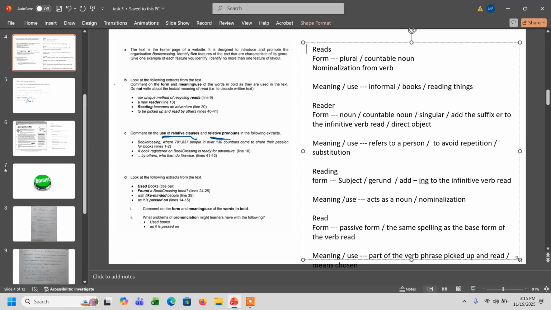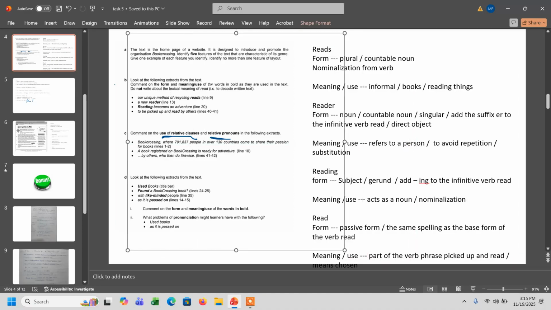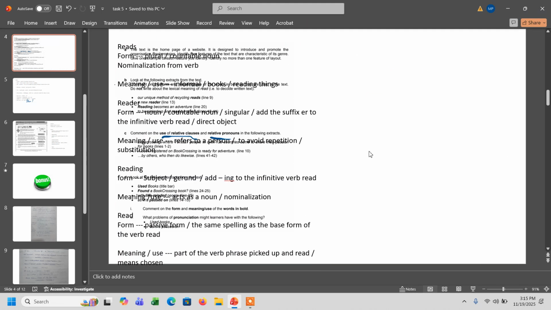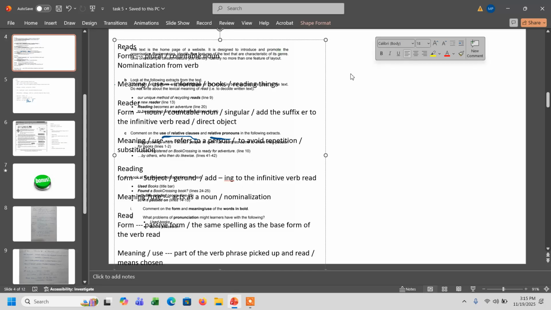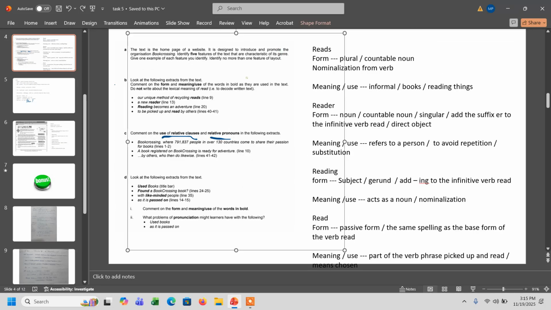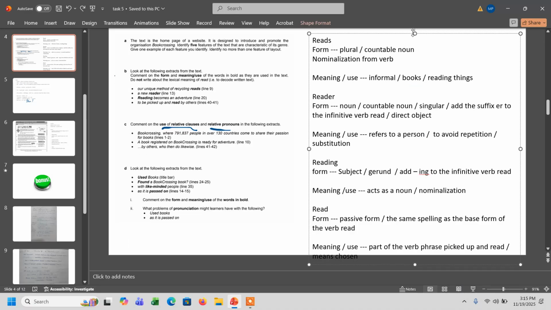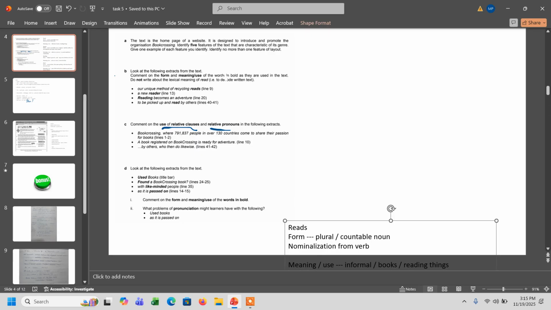Can I add another one here? Oh no, at the time I have to remove that. Oh, sorry, my pals. Oh no, I messed up. Sorry. So here, Book Crossing, I will put it down for a bit.